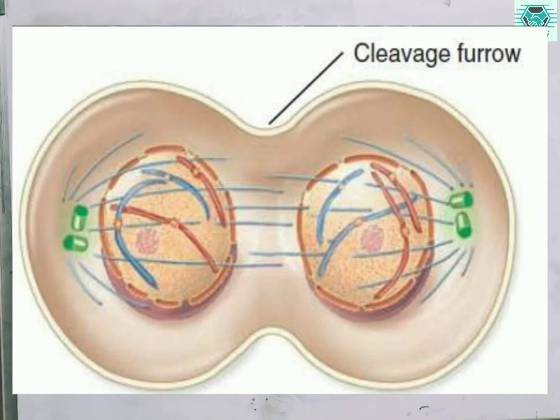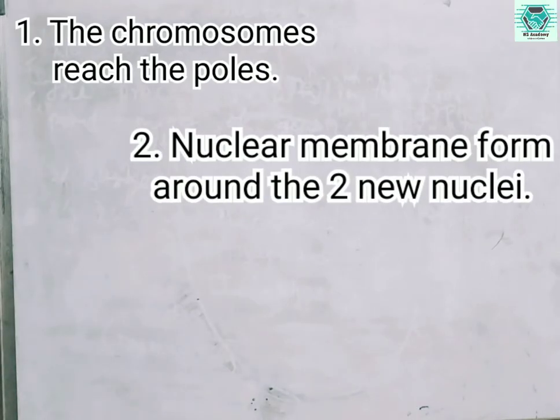And we can see the cleavage furrow. The cleavage furrow occurs and it gradually divides the two cells, and this is called the cytoplasmic division or cytokinesis.